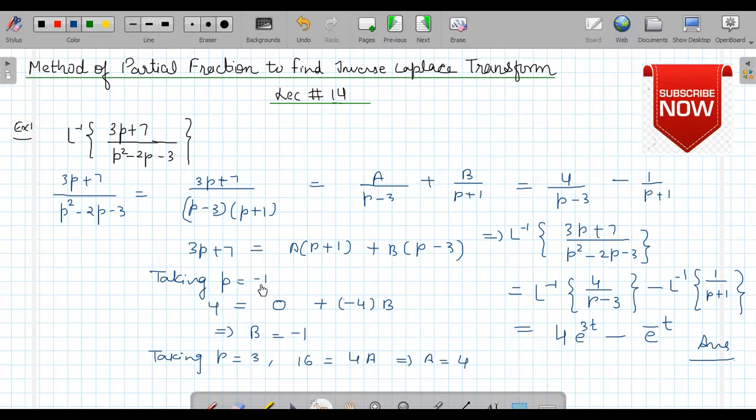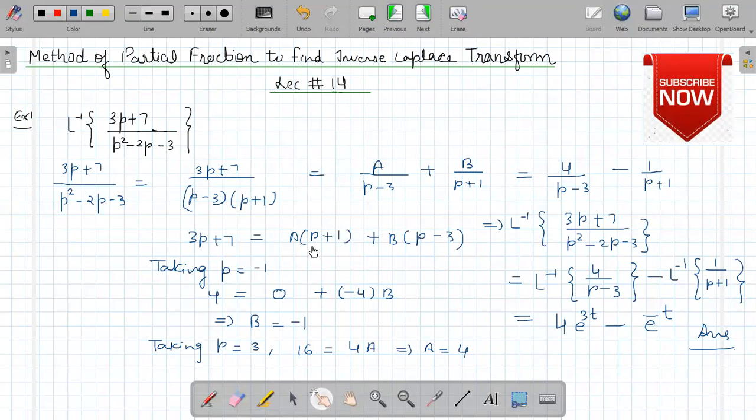So here I have put the value of p equal to -1 in the whole equation. That value makes this term equal to 0 so that we get the value of b. When you put p equal to 3 in the whole equation, it will make this part equal to 0 so that a can be found out. So the value of a is 4 and b is -1.